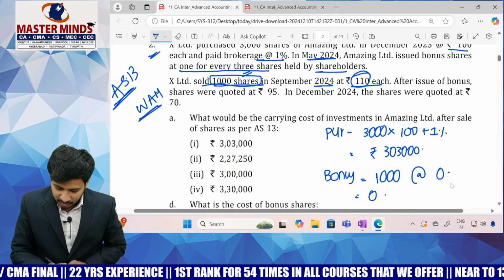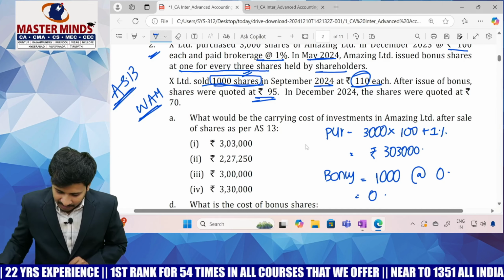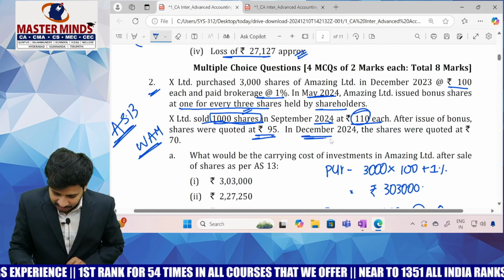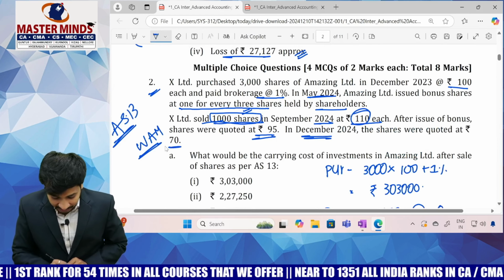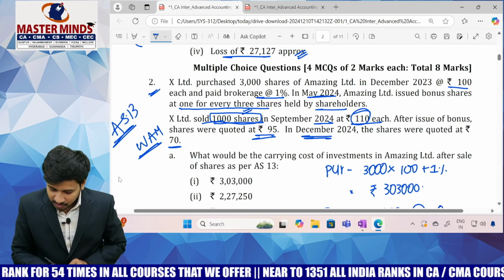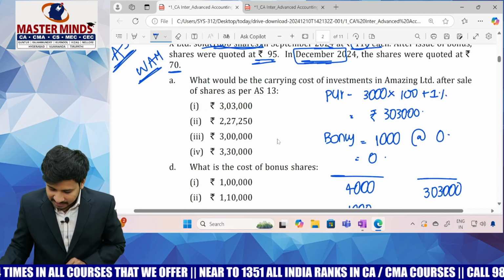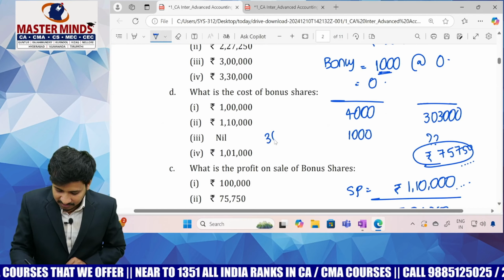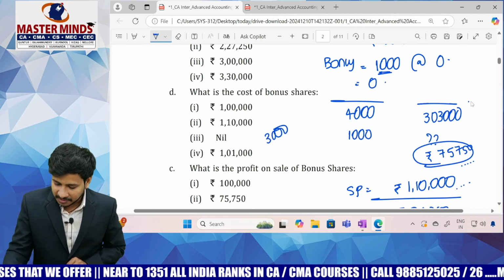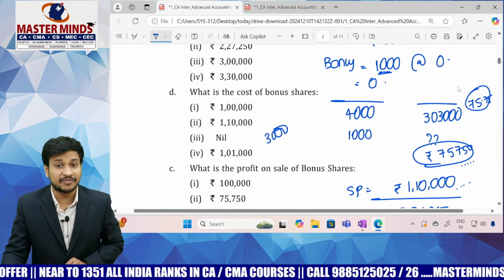After the issue of the bonus, the shares were quoted at rupees 95. Let it be. At the end of the year, in December 2024, the shares were quoted at rupees 70. So you need to consider only the end of the year. After selling 1000 shares, my remaining shares were 3000. And we found that the per share price is 75.75, that is 3,03,000 divided by 4000.